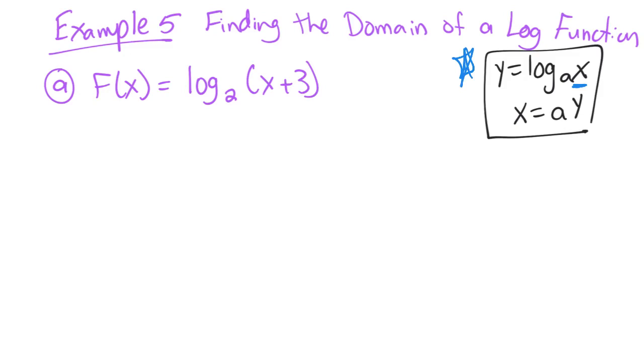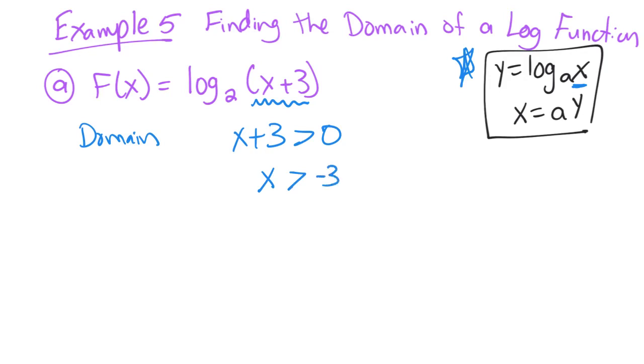Here that quantity is x plus 3, so our domain is when x plus 3 is greater than 0, or when x is greater than negative 3. In interval notation, our domain is negative 3 to infinity, parentheses for both.